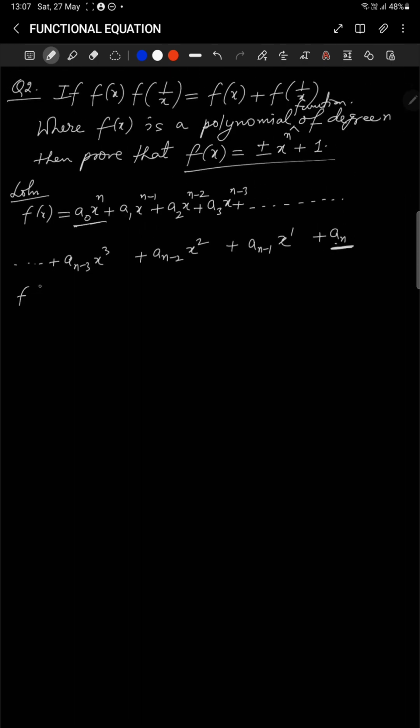Now f(1/x) is nothing but, in place of this x to the power n, x to the power n minus 1, x to the power n minus 3, and so on, you have to take 1 by x.